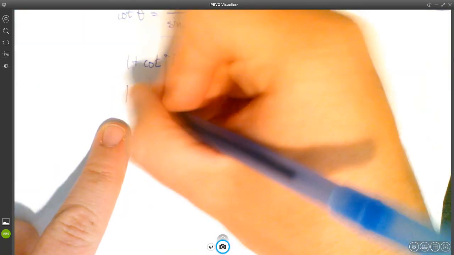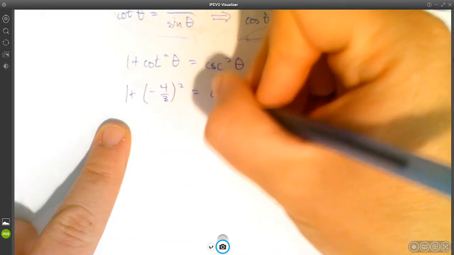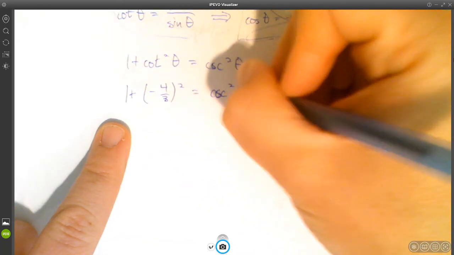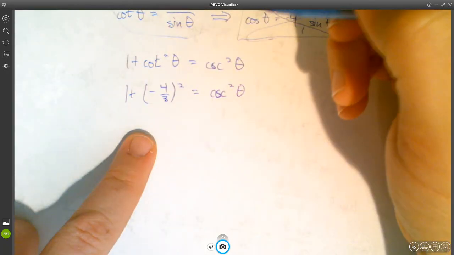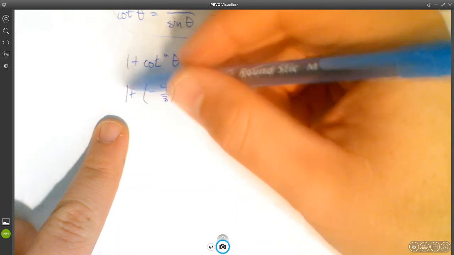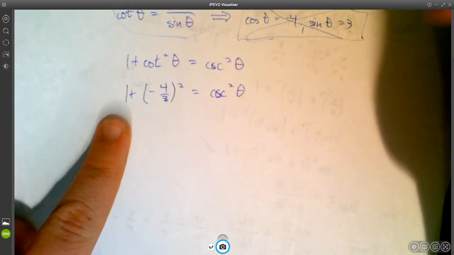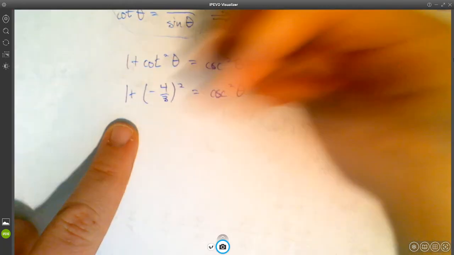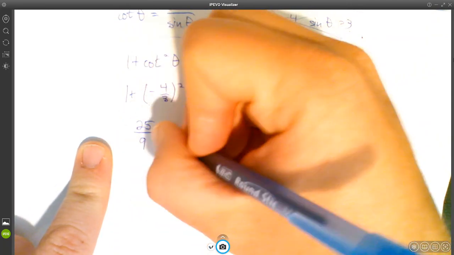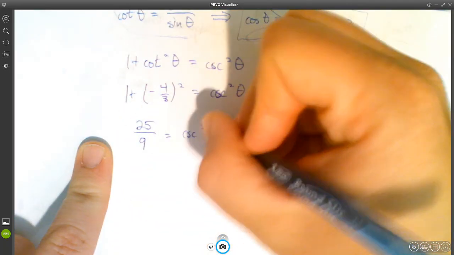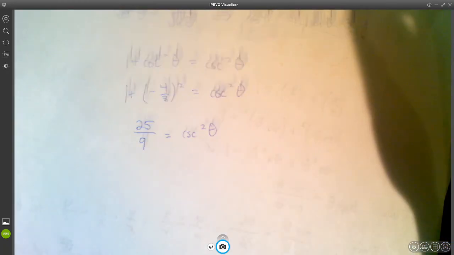So what we have is 1 plus (-4/3) squared equals cosecant squared theta. (-4/3) squared would be 16/9, and then 1 is the same as 9/9. 9 plus 16 is 25, so this is 25/9 equals cosecant squared theta. Oh, this works out pretty nicely, right?